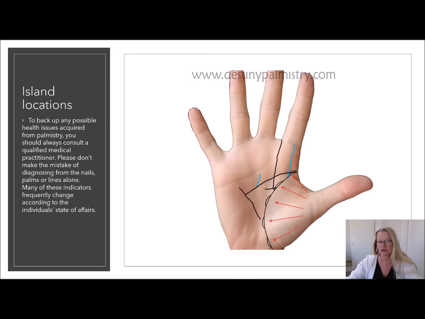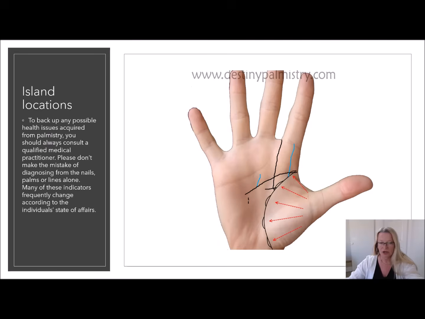And if there's issues around this line, if it's very crisscrossed or very lined, that's showing that there potentially may be or may have been some health problems early in life. Now I've made a big mess there. Clean that off.